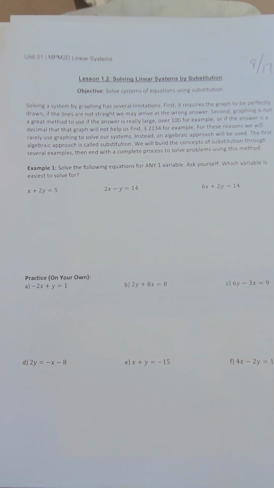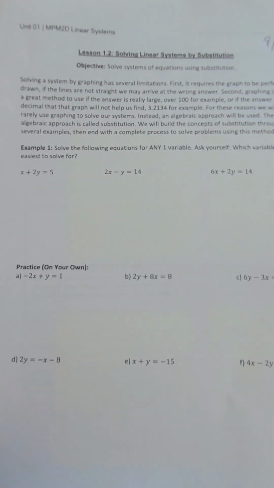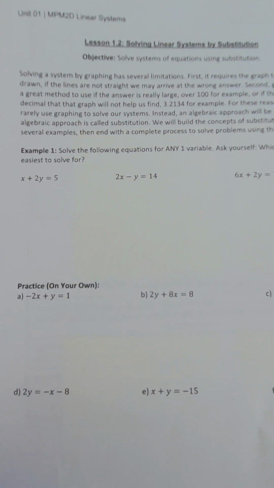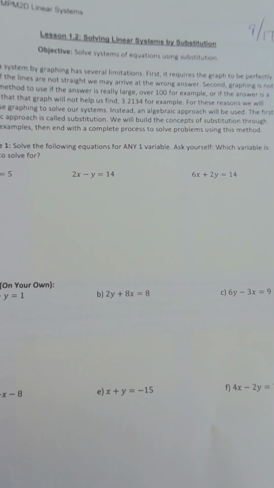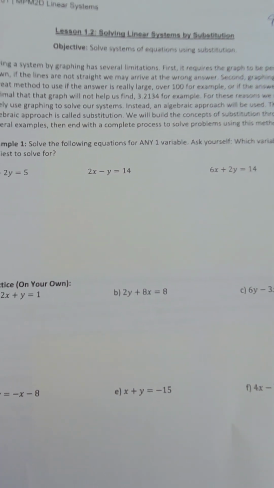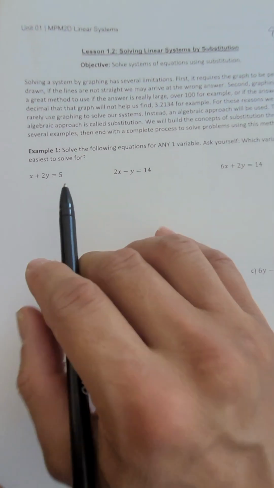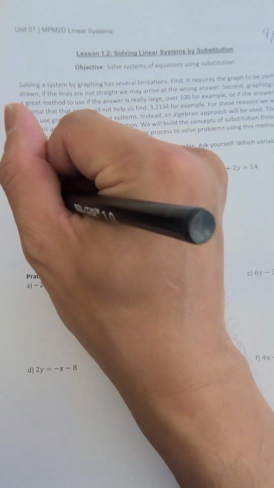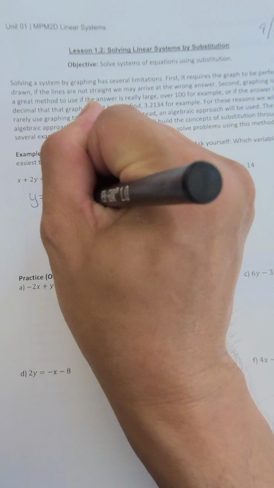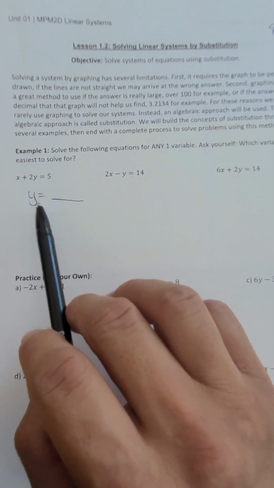So on this page here, example 1, solve the following equation for any one variable. Ask yourself which variable is easier to solve. Okay, so basically I'm going to use this one as an example. You could just solve for y equals, and then you will have to rearrange x onto the other side and divide by 2.